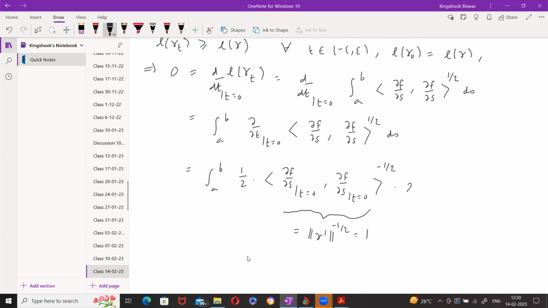Because it's just the Euclidean inner product, this is going to be twice the inner product of del del t at t equal to 0 of del f del s with del f del s, ds, right? Is this clear?